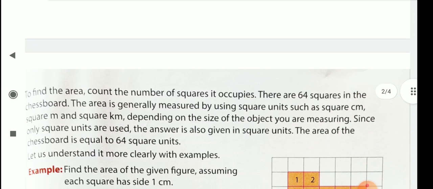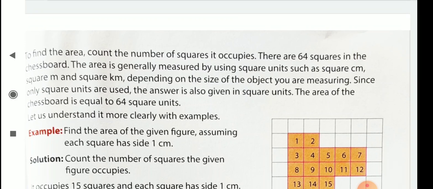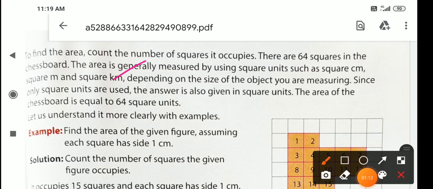Then to find the area, count the number of squares it occupies. There are 64 squares in the chessboard. The area is generally measured using square units such as square centimeter, square meter, square kilometer, depending on the size of the object we are measuring.